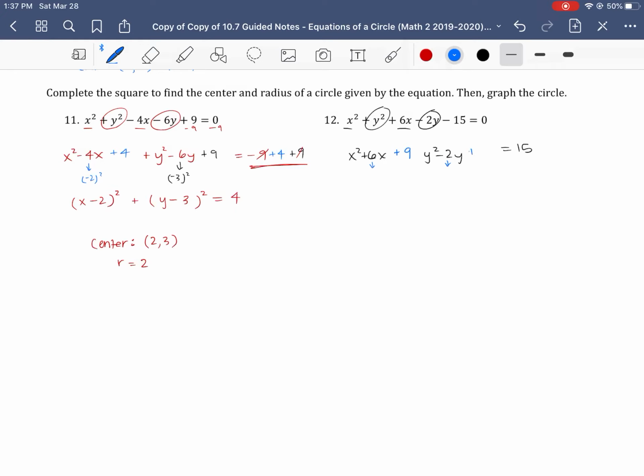Here again, I take half this, which is 1, and I add it here, and then make sure that we balance out that equation there. So here I end up with x plus 3 squared plus y minus 1 squared equals 15 plus 10, which is 25. So the center is sitting at negative 3, 1, and the radius is equal to 5.